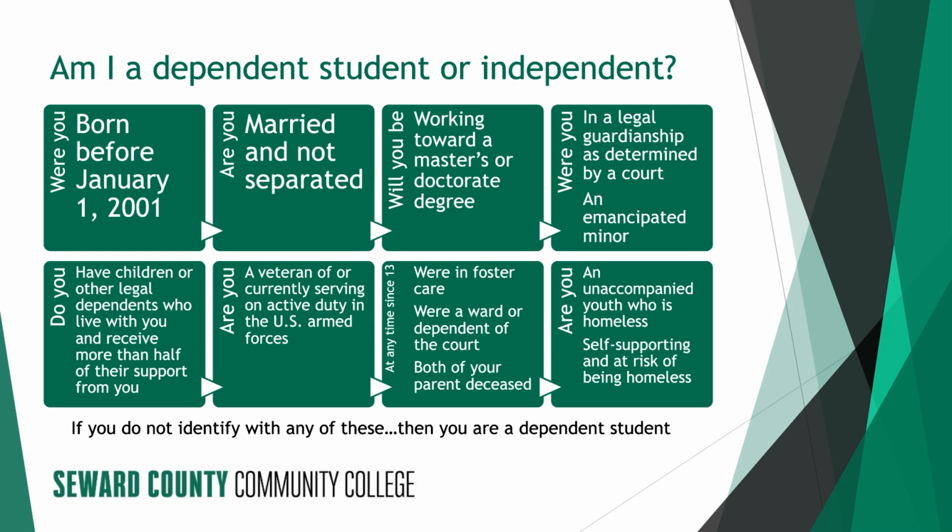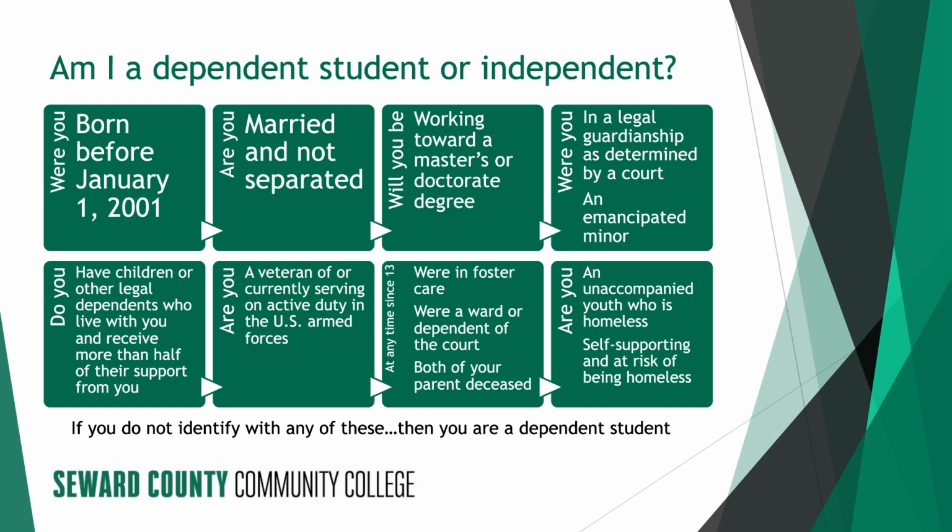Was the student ever determined by a court to be in a legal guardianship or an emancipated minor? Does the student have children or other dependents that live with them and that they provide more than half of their support? At any time after the age of 13, was the student in foster care, a ward of the court, or both parents deceased?